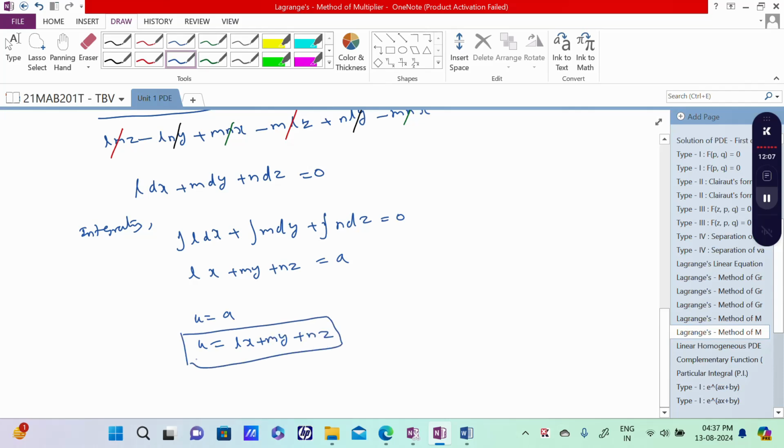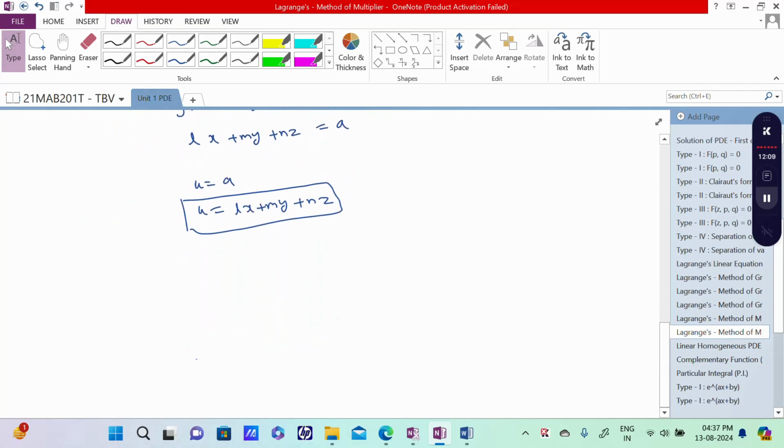Then consider another multiplier. One multiplier we have considered, and based on that we have one solution. Again we consider another multiplier, using the multipliers x, y, z.